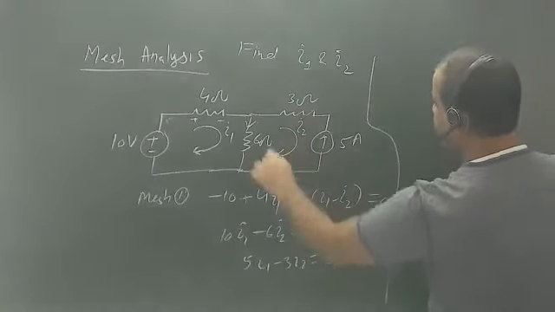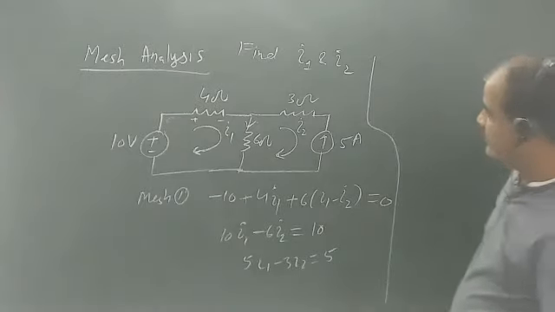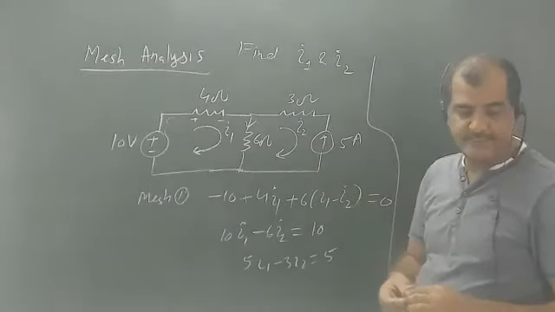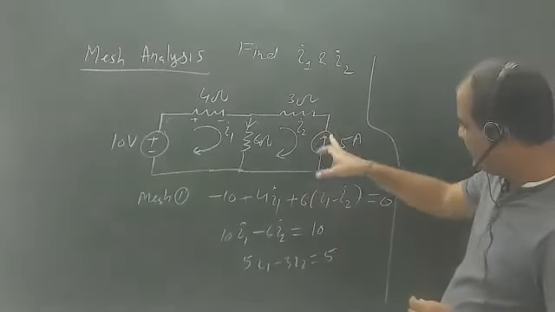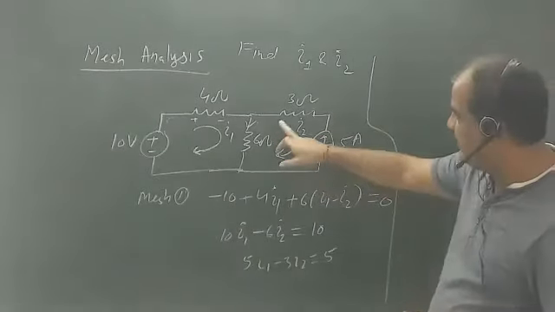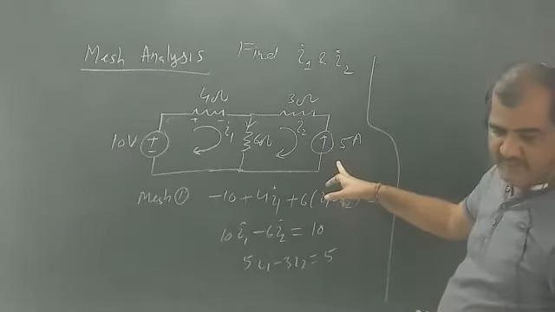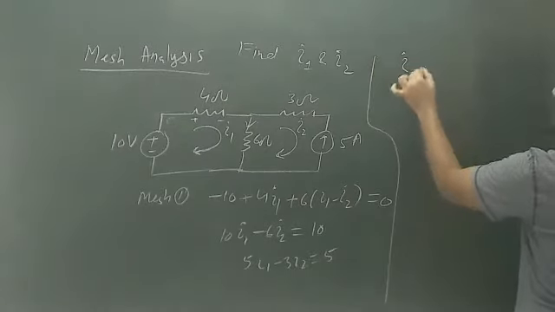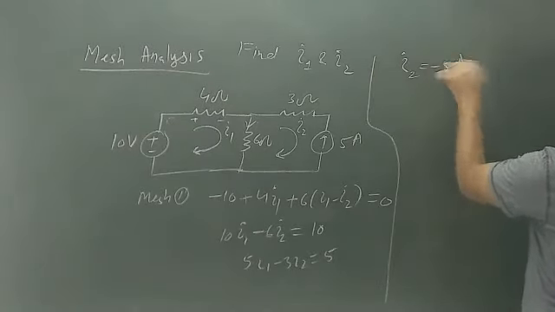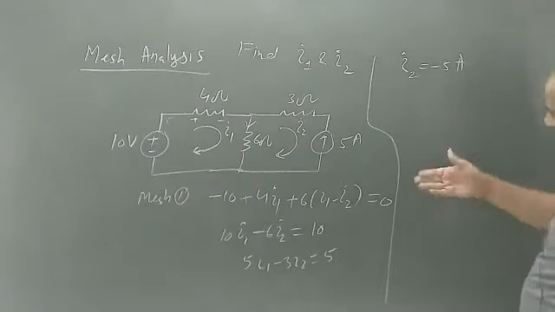So this is now I2. What is the value of I2? Sir, 5 ampere. I2 is already given, minus 5 ampere. So no need to solve this one. So I2 will be minus 5 ampere.